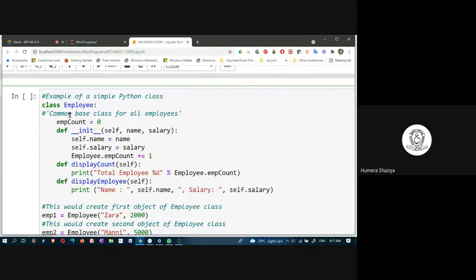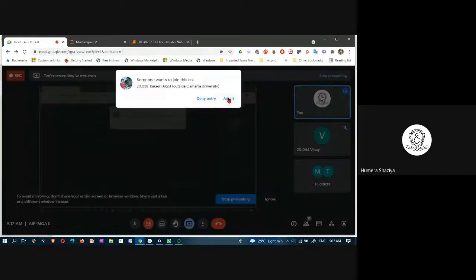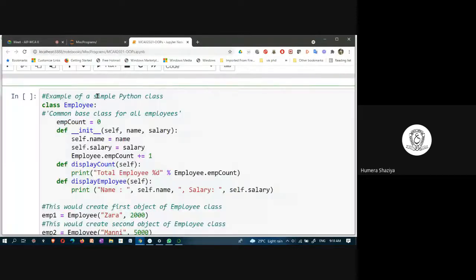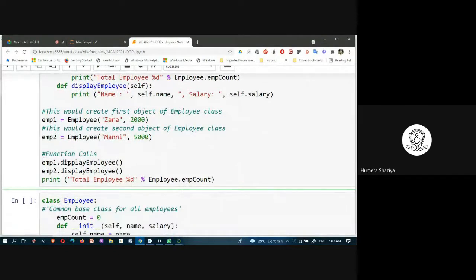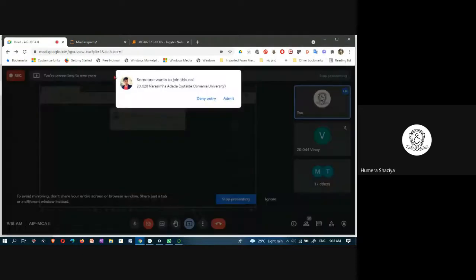And then there is a documentation string. Here we learned that there is a class variable, an initialization method, and then two other methods, followed by the creation of two objects m1, m2, and there is a function call on m1 and m2 and printing of the emp count. This is our program.